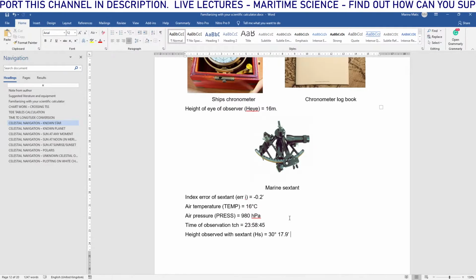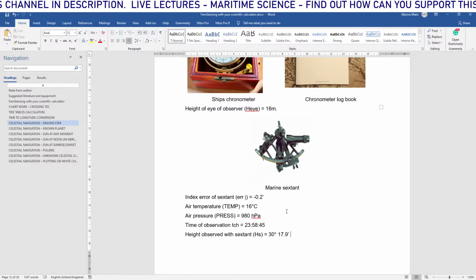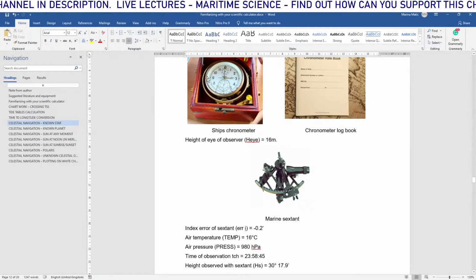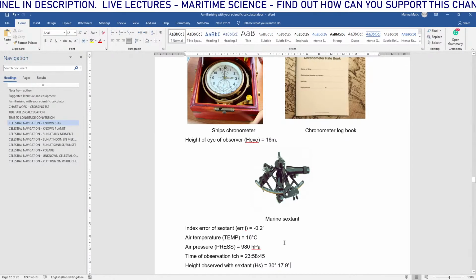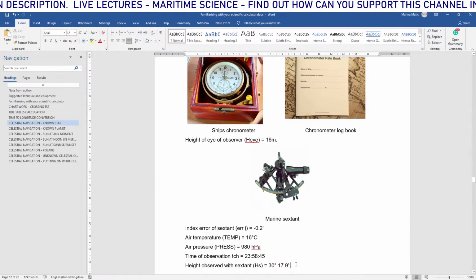I'm actually on my ship, on my yacht, observing this star. I did that at 23:58:45. That is the time I recorded from this device. And from the sextant, I have height observed of 30 degrees 17.9.